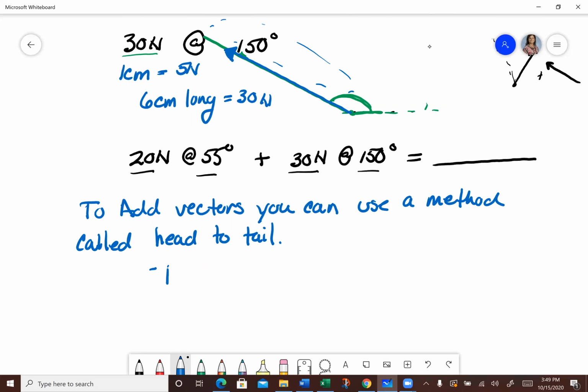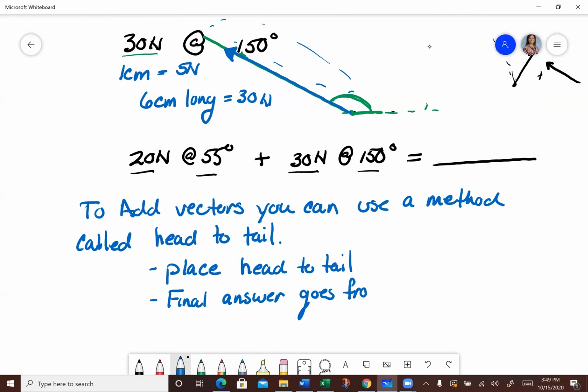So you place vectors head to tail. Your final answer goes from the tail of the first to the head of the last.